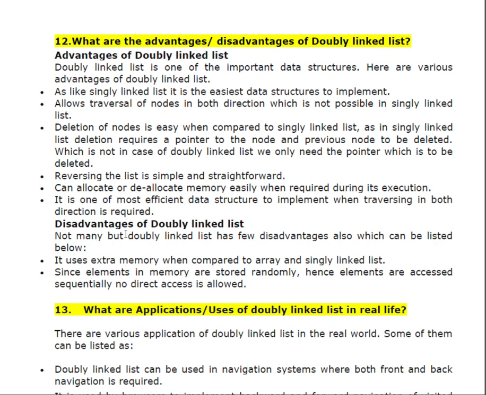But for disadvantages, it uses extra memory because it contains the address part from the previous node as well as from the next node. That's why it is a little complicated while implementing. Not many, but doubly linked list has a few disadvantages.